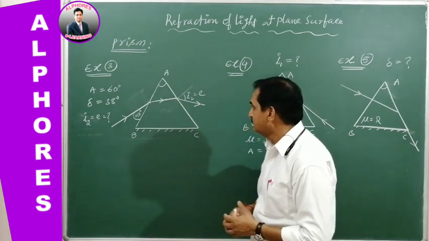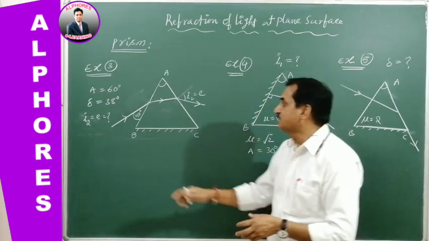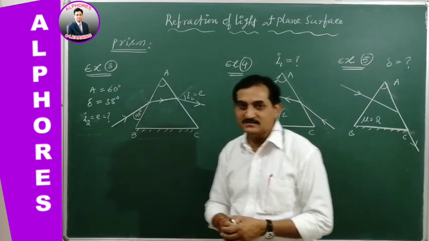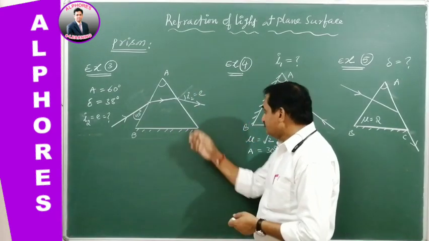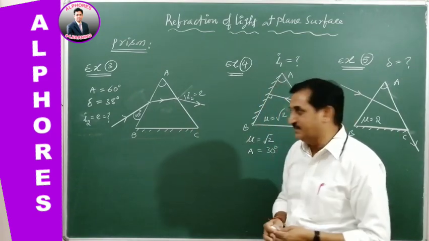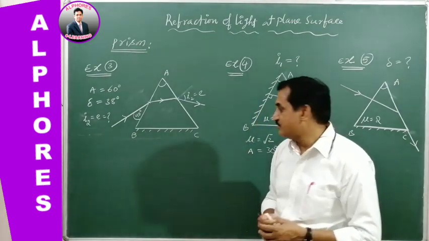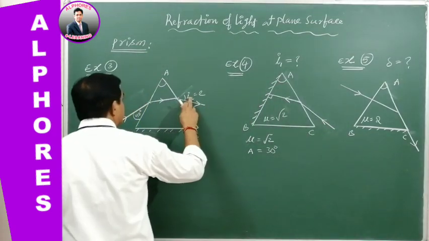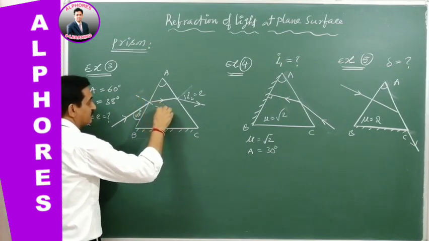It undergoes refraction and finally gives a deviation. The deviation suffered by the light is 38 degree. So if the total deviation suffered by the light is 38 degree, then what will be the angle of emergence, I2?